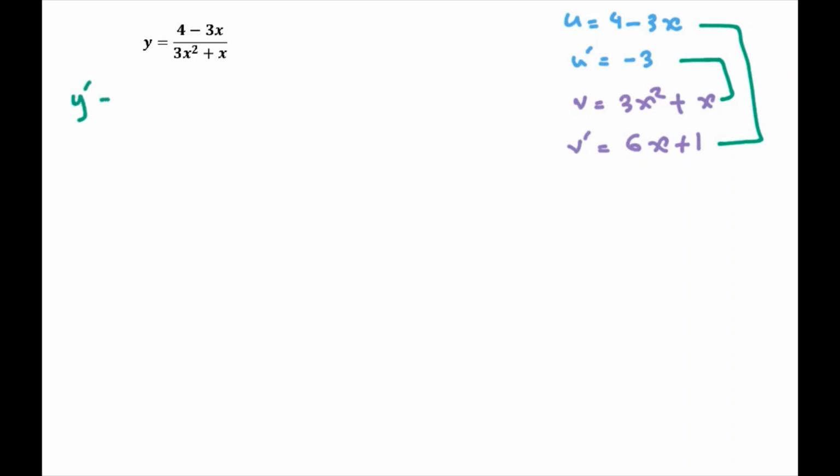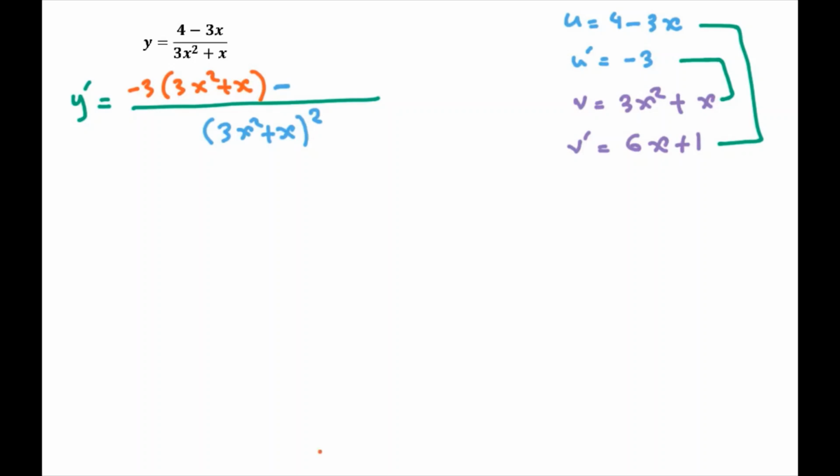So y prime equals, again the denominator will be 3x squared plus x, all squared. So negative 3 times 3x squared plus x, minus 4 minus 3x multiplied by 6x plus 1. Now you expand.